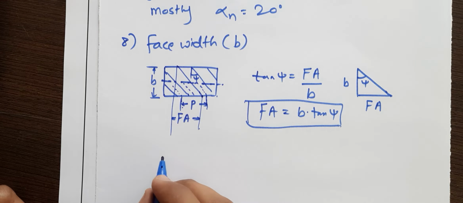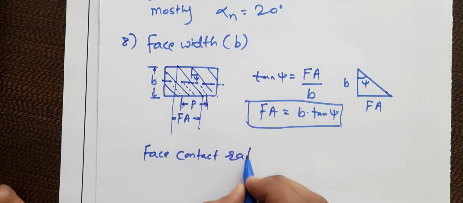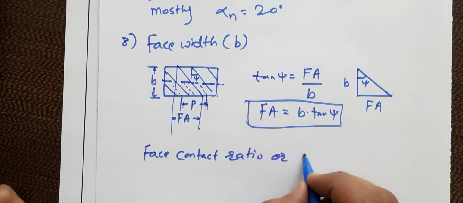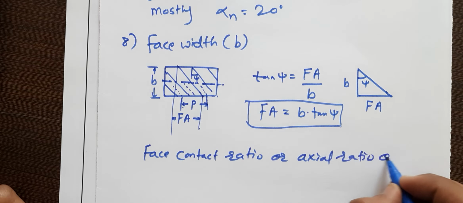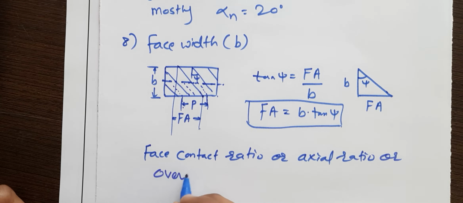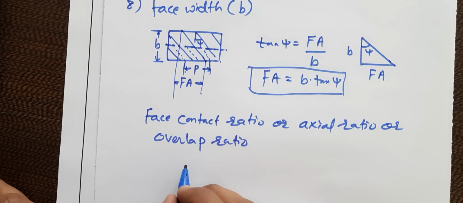Then a term comes in the picture, that is face contact ratio, or axial ratio, or overlap ratio. So it is nothing but face contact ratio.